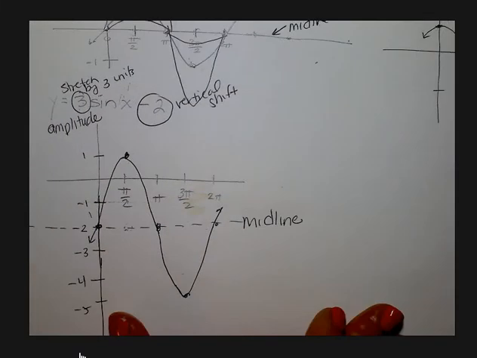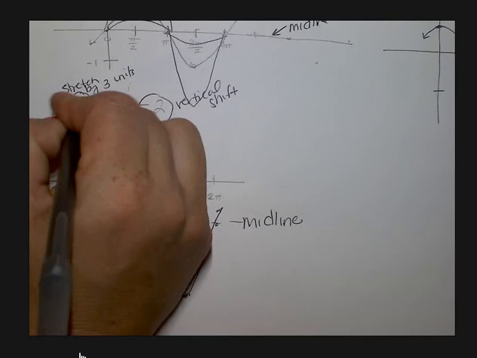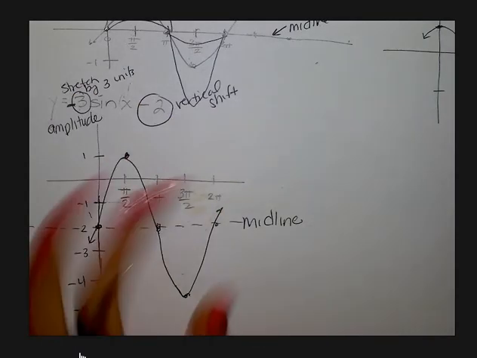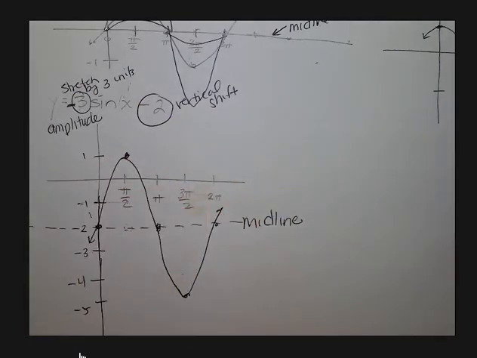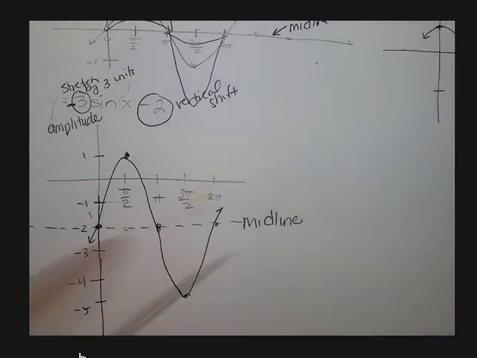Now I want you to turn to your partner. If I did this, talk to your partner, and I want you not to erase anything. I want you to add to your graph that you just did, the same graph. What would this look like if I did this? Okay, talk to your partner.